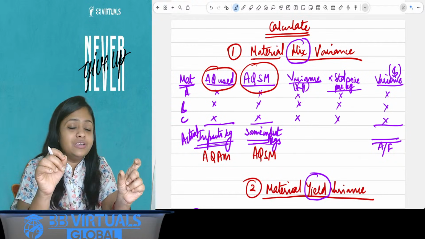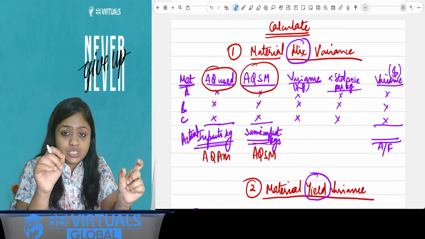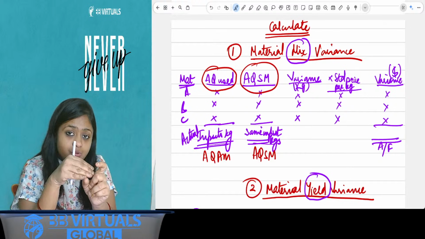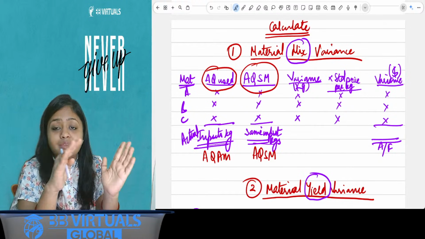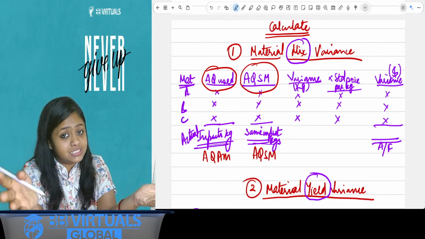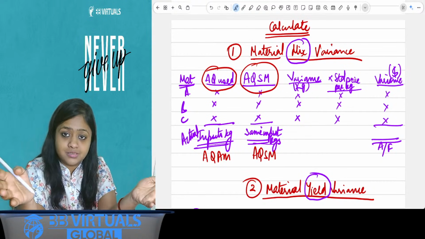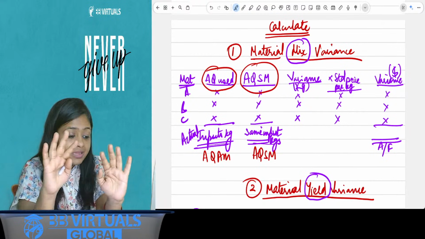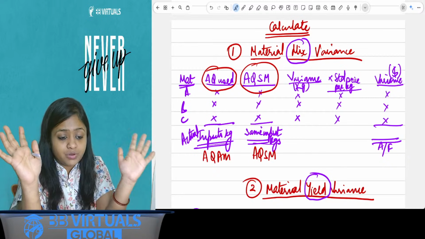So you will take, on one side, the actual input in actual mix, and compare with the actual input in standard mix. Get the variance. Multiply it with the standard cost per kg, because that's what we always use in all the variances. Simple, easy. If you have difficulties, you can tell me.